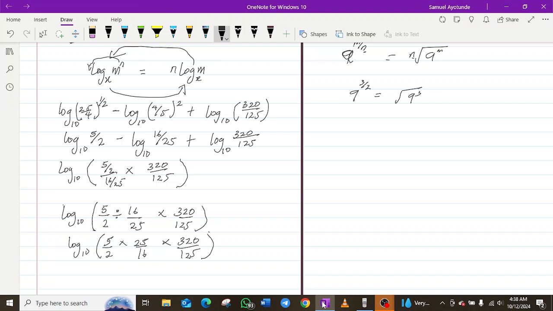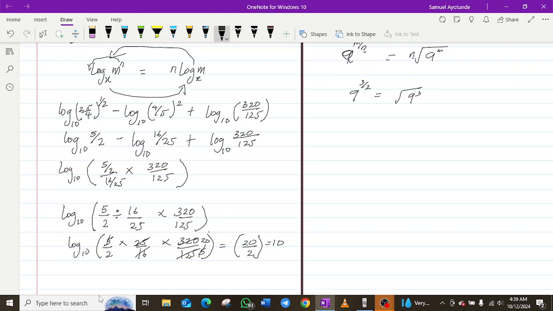Then we divide appropriately. 25 can divide 125 5 times, and 5 we take out 5 here. 16 can divide 320 20 times. So we are left with 5 over 2 and 20 over 2 in the bracket, 20 over 2, which is equal to 10.